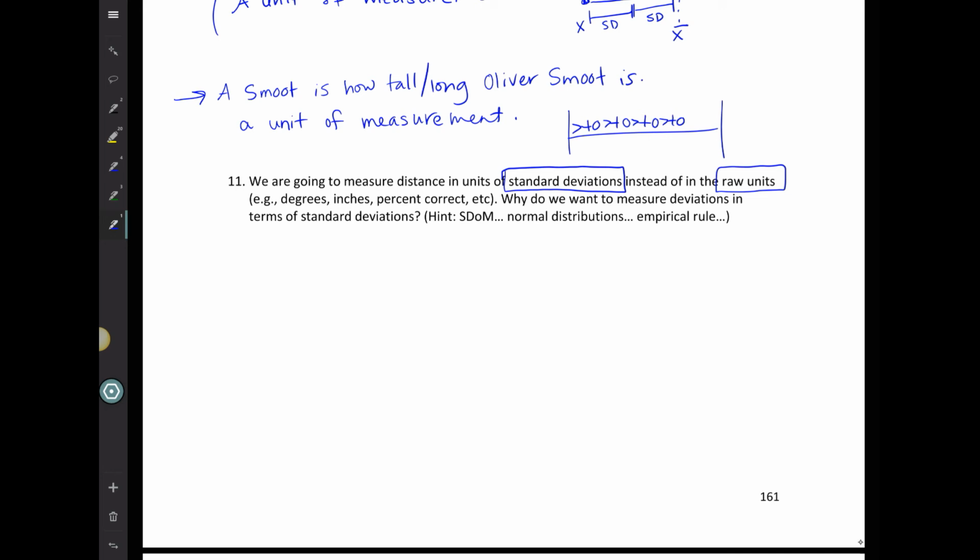Okay. So our t-scores and our z-scores, which are again very similar, and there's going to be another video that really kind of illustrates how they're different.